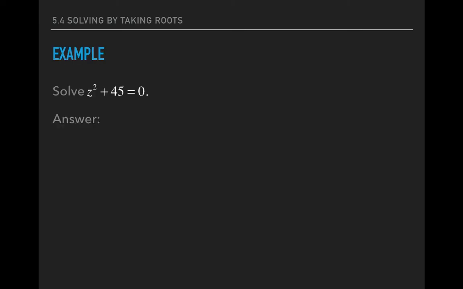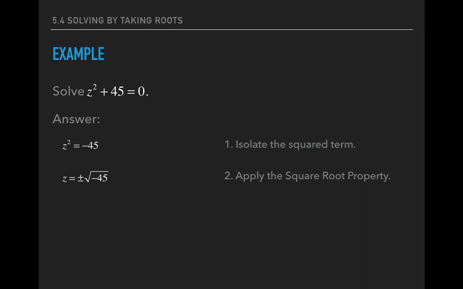This is the unit that we're going to be working with if you have roots of negative numbers. Let me show you in this example here. We're going to solve this, and our answer is going to have an imaginary part to it. So let's get started. We're going to isolate the squared term by subtracting 45 from each side, and then we'll apply the square root property and we'll take the square root of each. If you take the square root, then you're looking at the absolute value of z, which means you could have either positive or negative square root of -45.